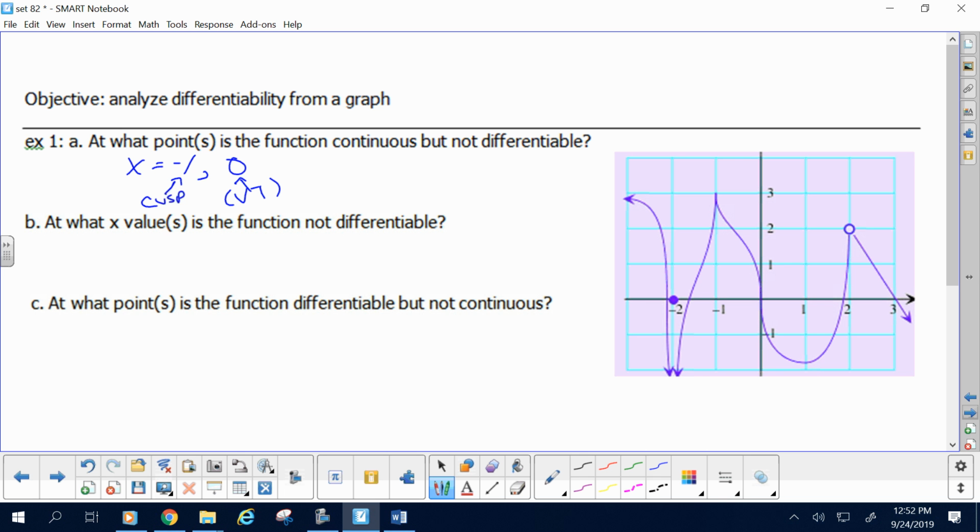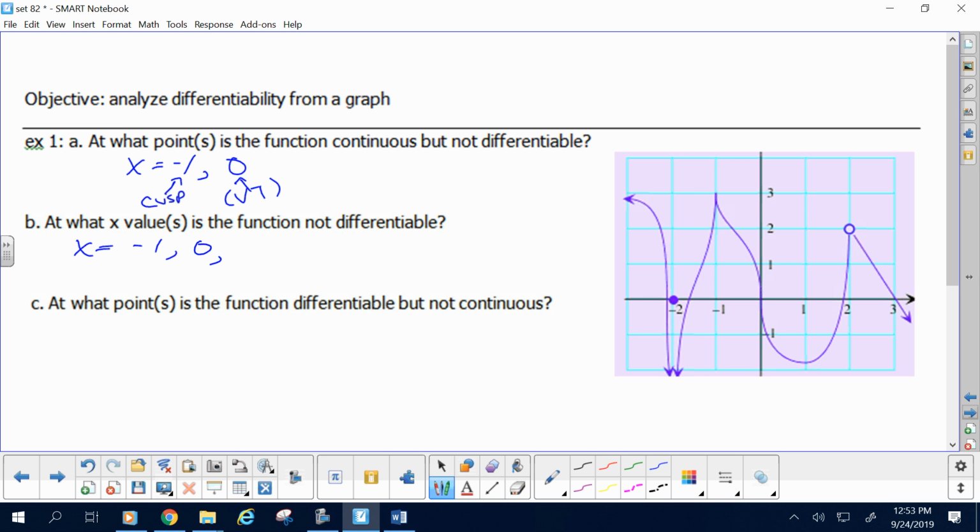At what value is the function not differentiable? Tanya, give me a place where the function is not differentiable. Give me just one. -1, yeah. We just said it's not differentiable at -1. Give me another one. Marina: 0. 0, yes. Going for the easy ones, good job.